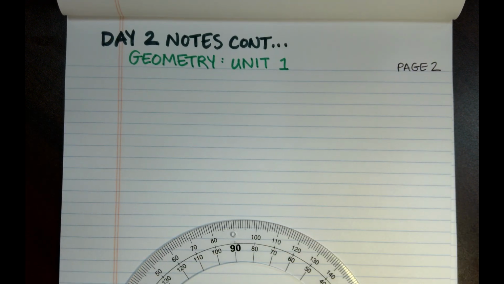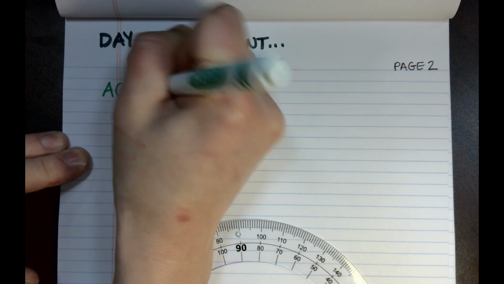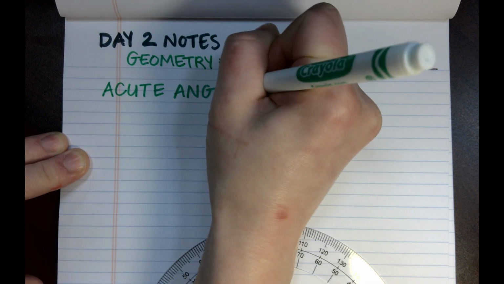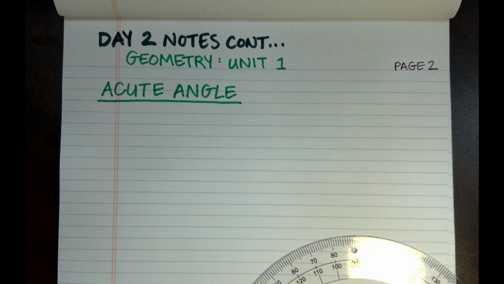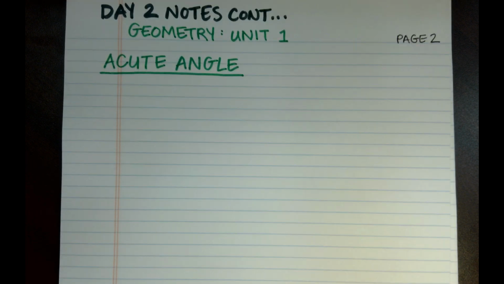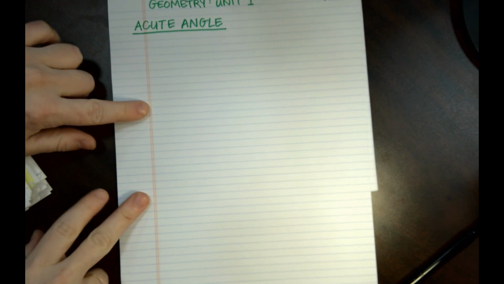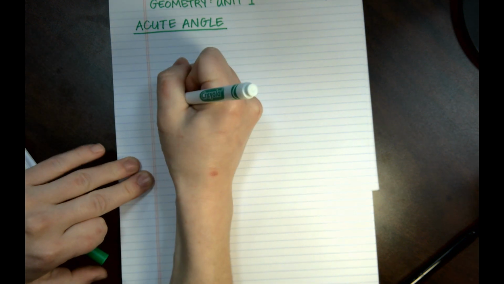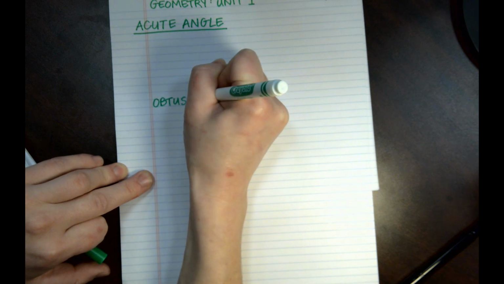The first type of angle is an acute angle. The next one, and I'm going to make this take up my whole page, I'll show you what I'm doing. I'm going to put obtuse here. Obtuse angle.